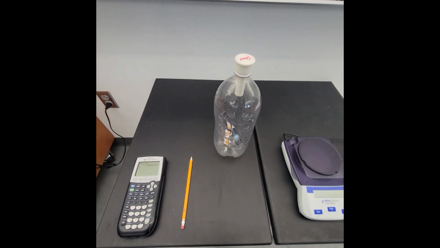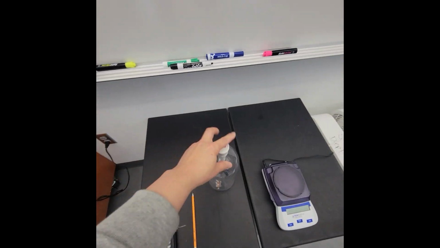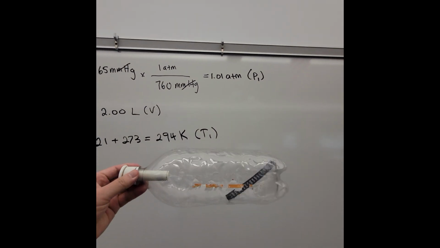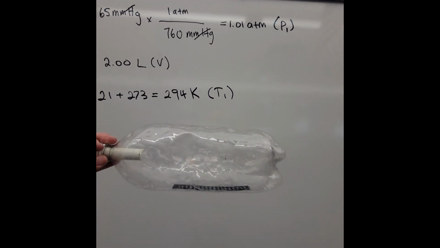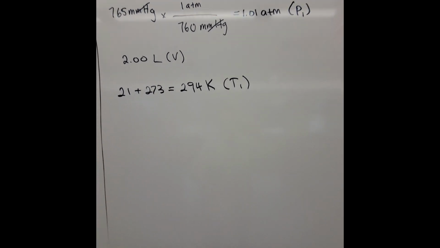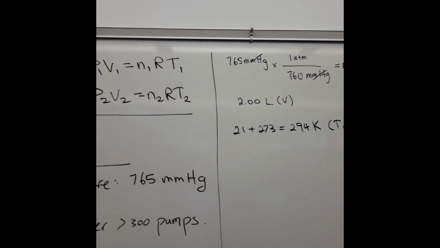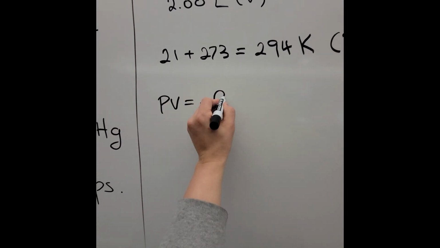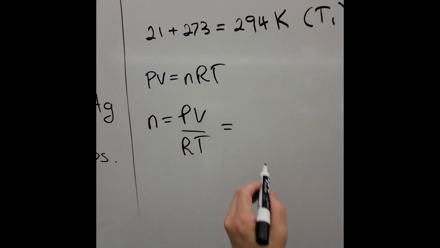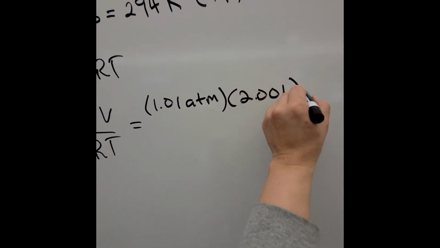So in this bottle right now, the pressure is 1.01 atmospheres. It's 2 liters, and the temperature is 294 Kelvin. Oh, we need to get the number of moles.